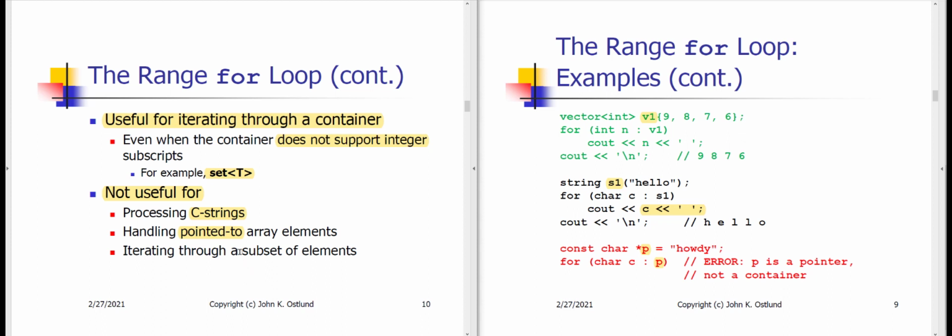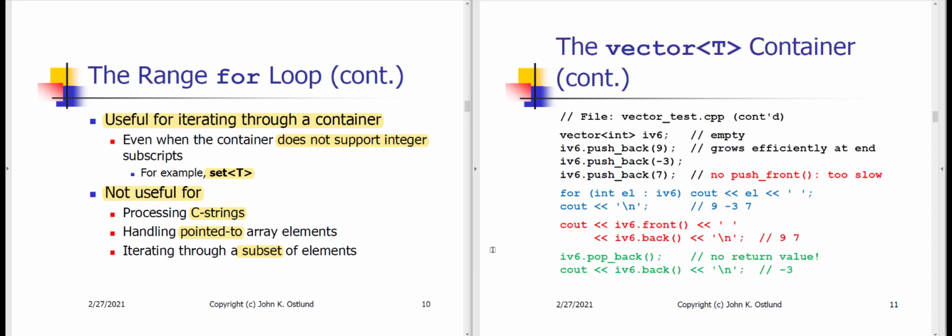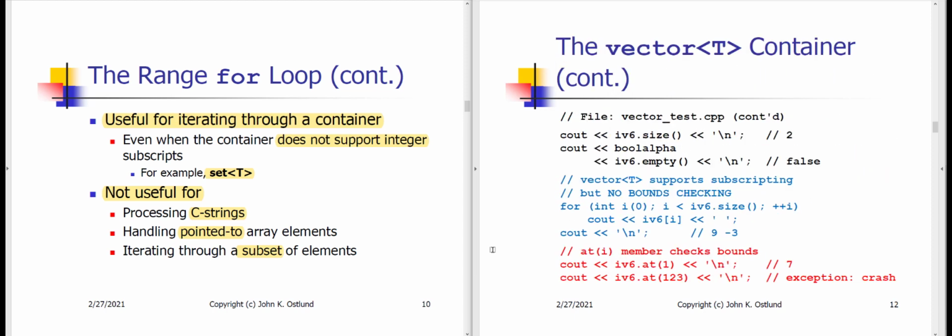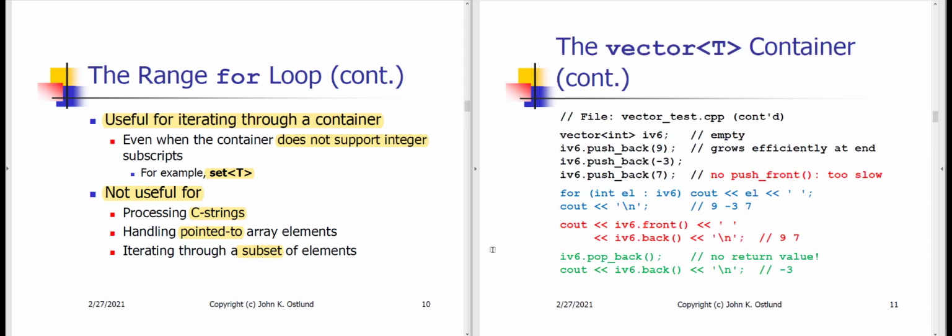Also, if we have a container, we can't use a range for loop to step through just a portion of the container. If we are using a range for loop, that means that we want to go through each of the elements in the container one element at a time. We'll be a little more flexible about that shortly when we talk about iterators.